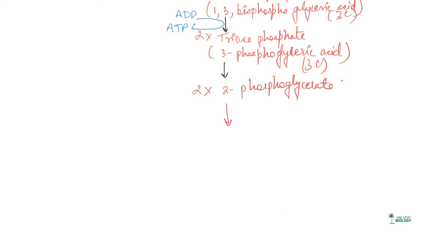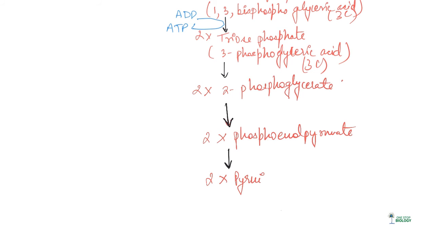From here, we are going to get two molecules of phosphoenolpyruvate. And from here, again, we are going to get two molecules of pyruvic acid. And this is the final product of glycolytic cycle.